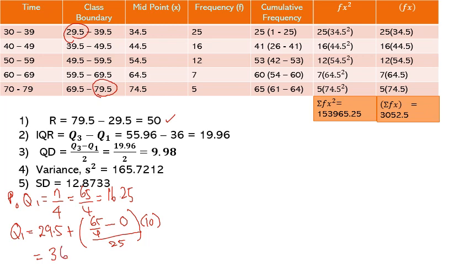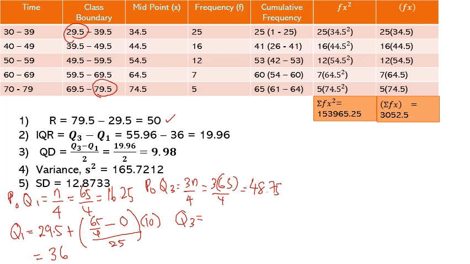For the position of Q3, 3n over 4, so 3 times 65 over 4, we got 48.75. So how to find Q3?